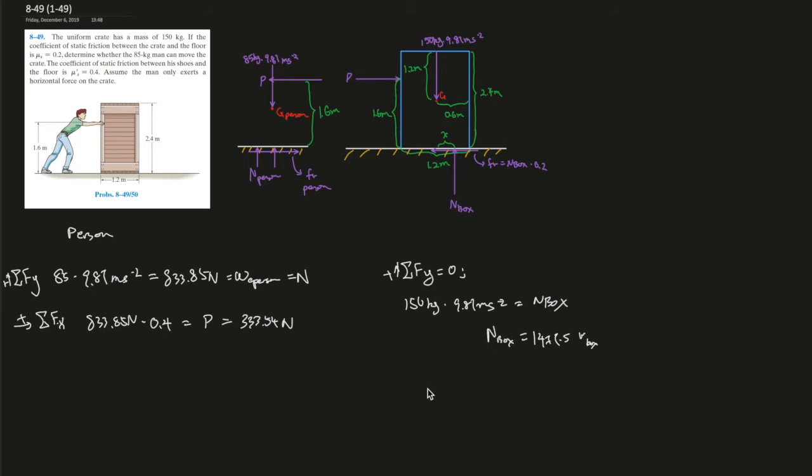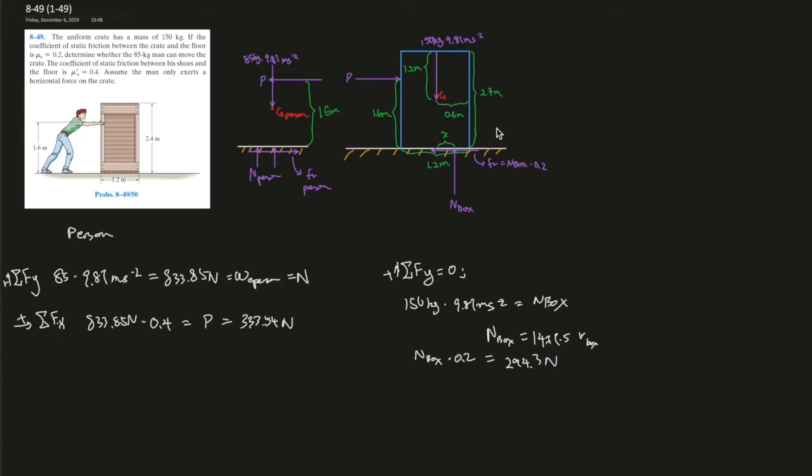And then we can use the normal force of the box times the coefficient of static friction to calculate the friction force, which should give you 294.3 newtons.